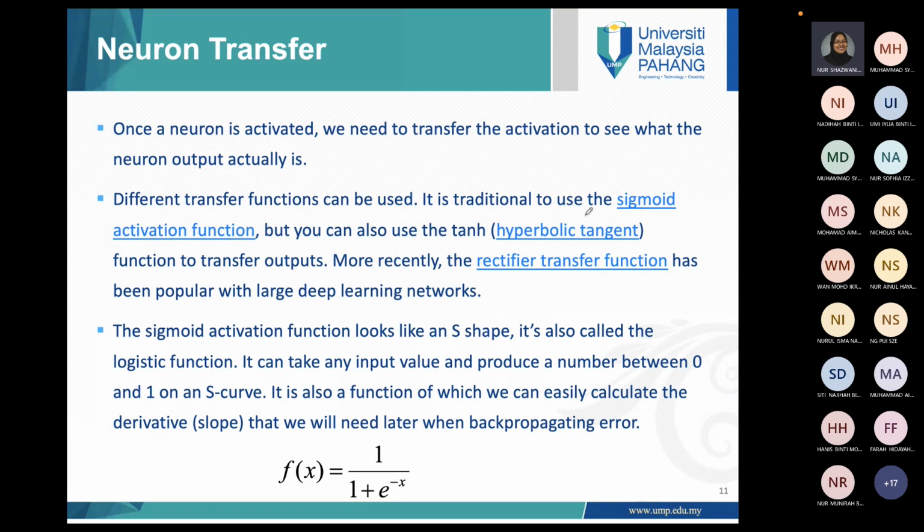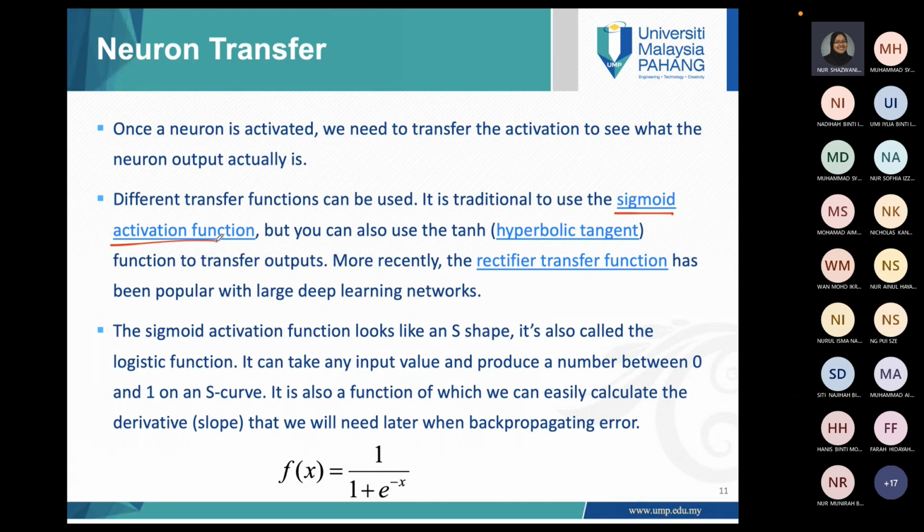Normally in a traditional artificial neural network, we use the sigmoid activation function. As we learned in the previous lecture, there are several kinds of activation function, but normally we can use the sigmoid.